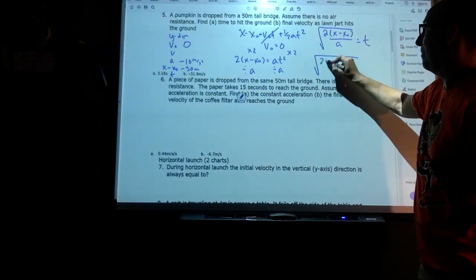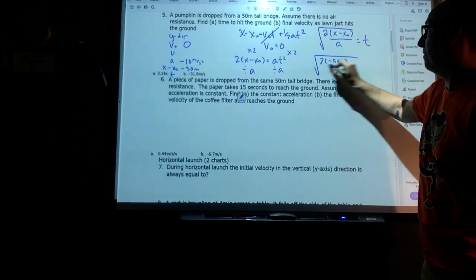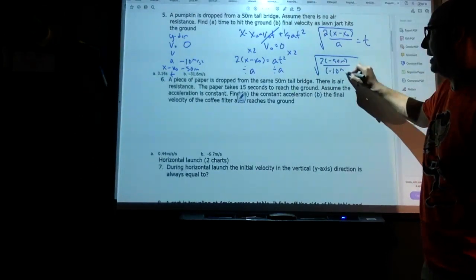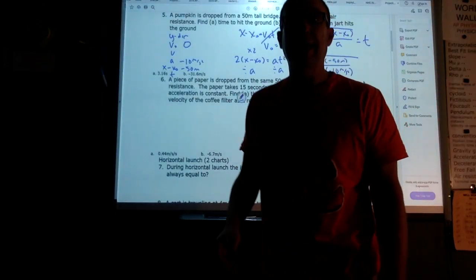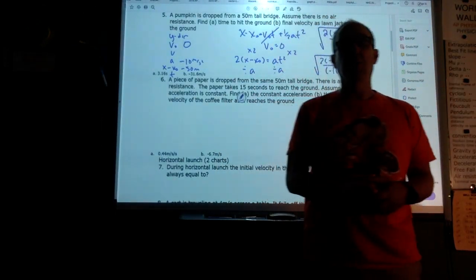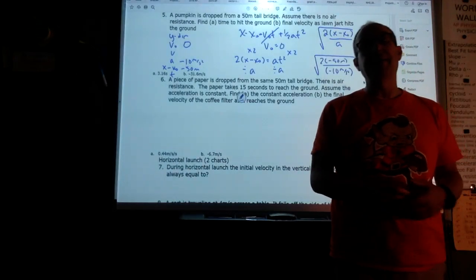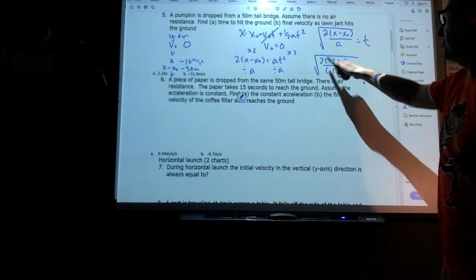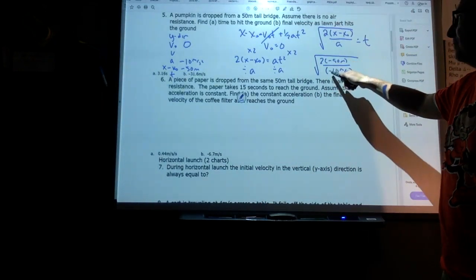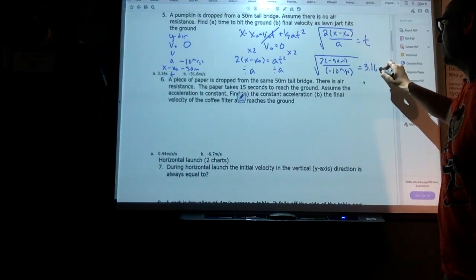And so my time is going to be the square root of 2 times negative 50 over negative 10. We need to be careful with the signs that we know what's negative and what isn't negative. If you don't make both of them negative, then your calculator is going to tell you that you have an error. And so I have 2 times negative 50 is negative 100, divided by negative 10 is positive 10. The square root of 10 is 3.16.